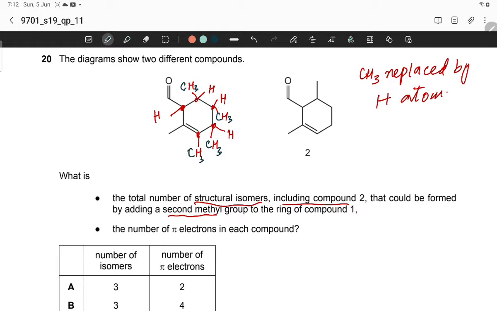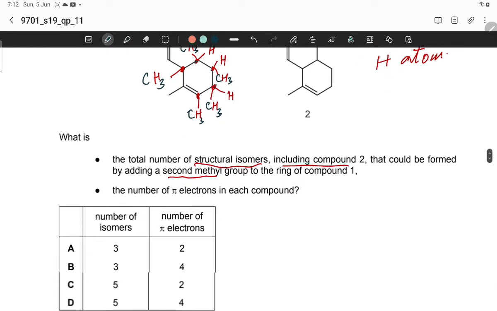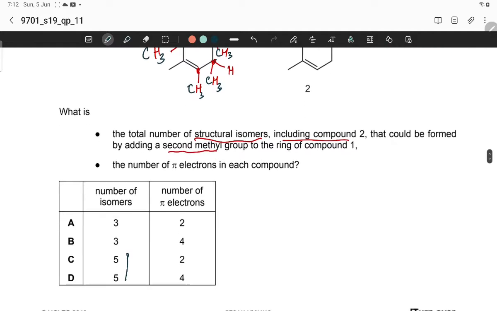We have 1, 2, 3, 4 and 5 carbon. So CH3 is replaced with 5 hydrogen carbon atom. So in this way we have 5 structural isomers can be obtained.